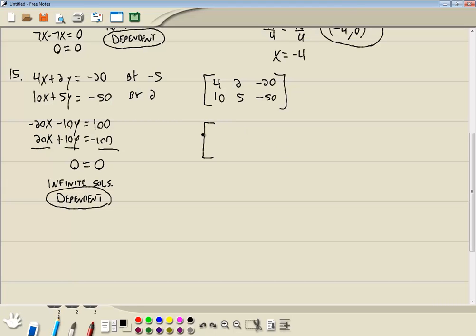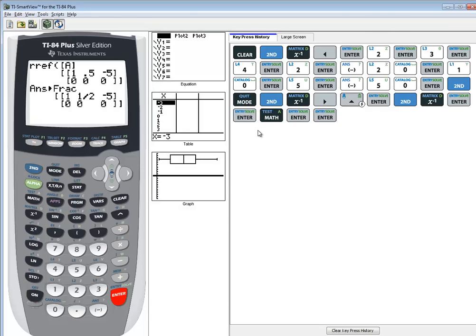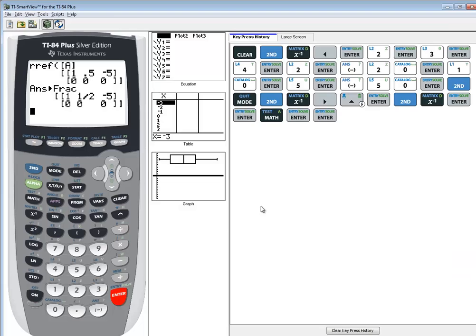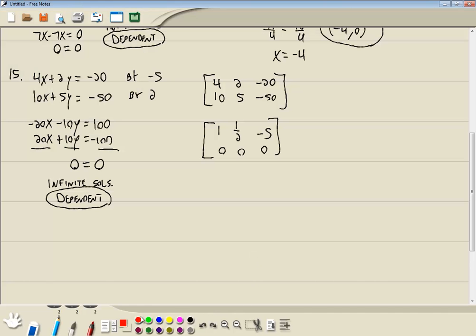And we get 1, 1/2, negative 5, 0, 0, 0. Well, the first 2 by 2 is not a diagonal of 1s with zeros everywhere else, which means it failed. The last row is all zeros, which means infinite solutions or dependent. So that gives us our same answer.